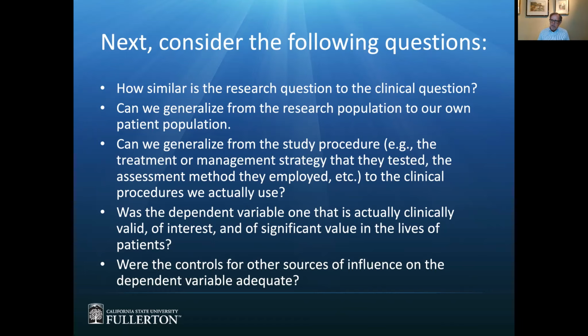So we're going through things, all of which you can do. And then finally, we come to something where a statistician might be a little bit better, but I think you can do it. Were the controls for other sources of influence on the dependent variable adequate? Well, the thing that makes this less problematic right off the bat is if you have a study that has randomization to treated and untreated groups, something like that.